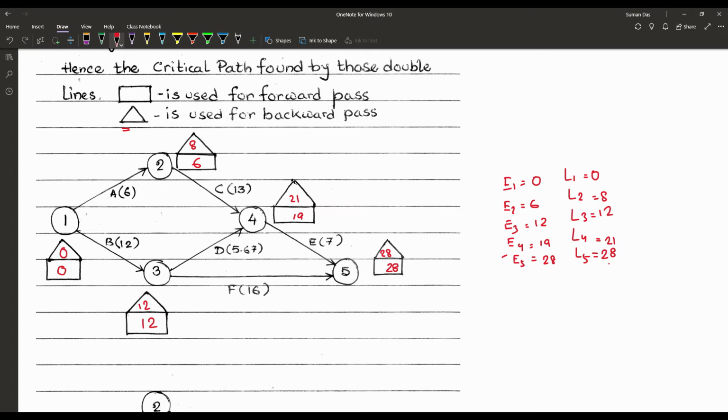Now we can calculate or draw the critical path where the L values and the E values are the same. That means the forward pass values and the backward pass values are the same. And we can check here that node 1, node 3 and node 5 have the same values, where 2 and 4 have no same value for L and E. So we can draw the critical path here, that is 1 to 3 and 3 to 5.